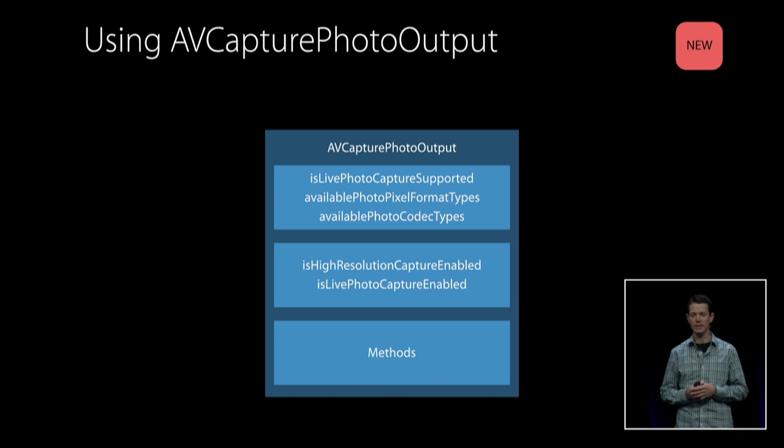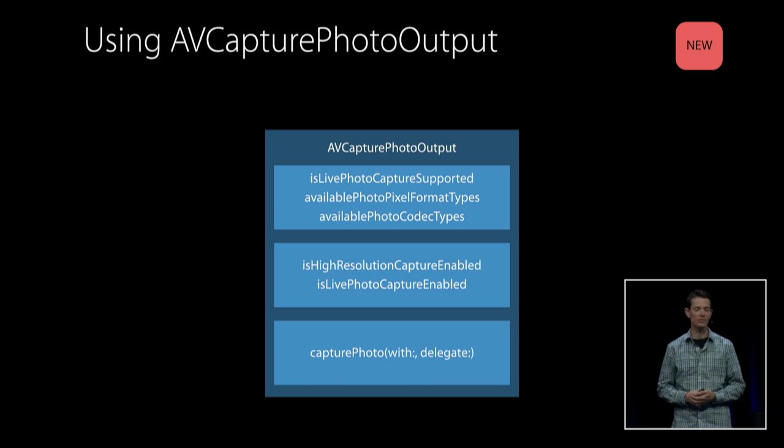Some capture features affect how the capture render pipeline is built, so you have to specify them up front. One such is high-resolution capture. If you ever intend to capture high-resolution photos, such as 5-megapixel selfies on the iPhone 5 or 6s, you have to opt in for the feature first before calling start running on the AV capture session.